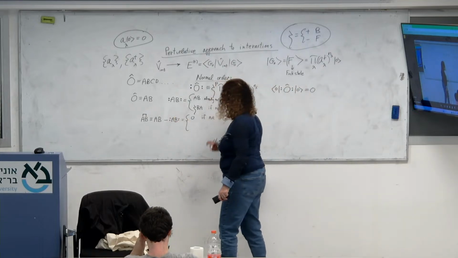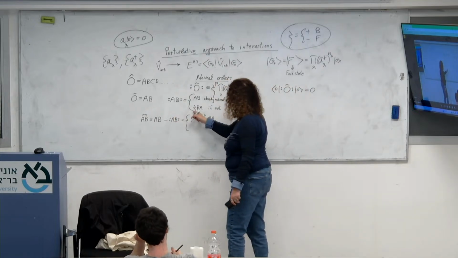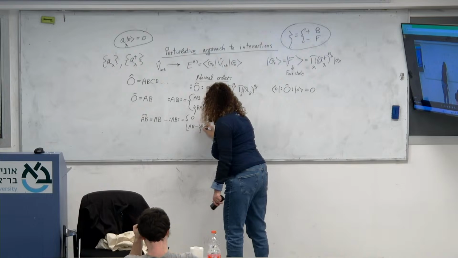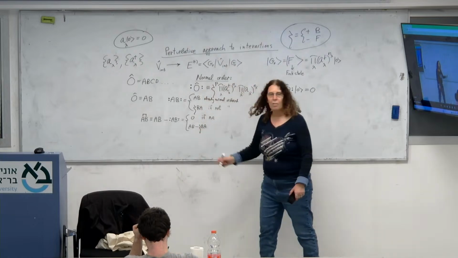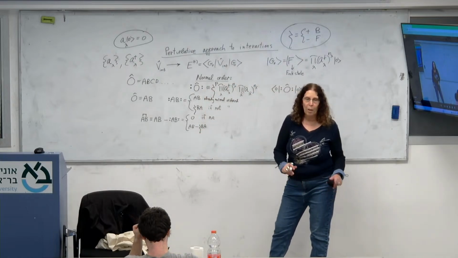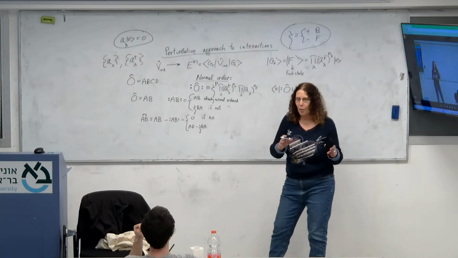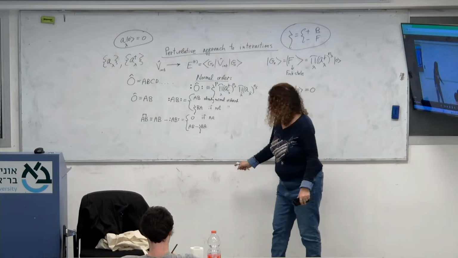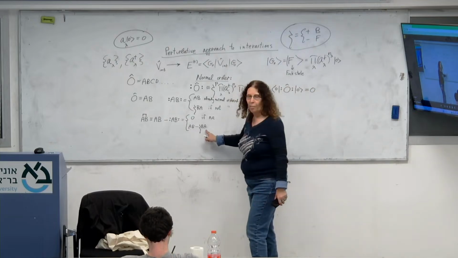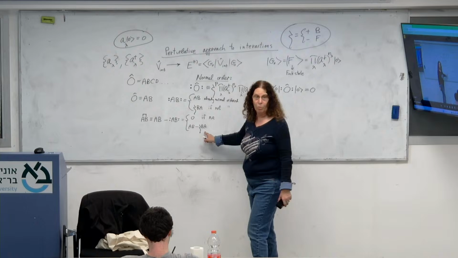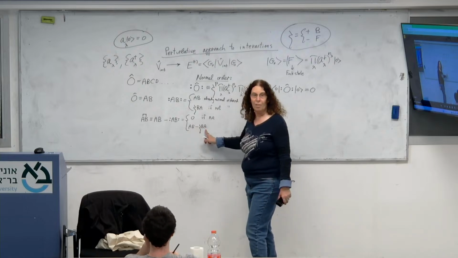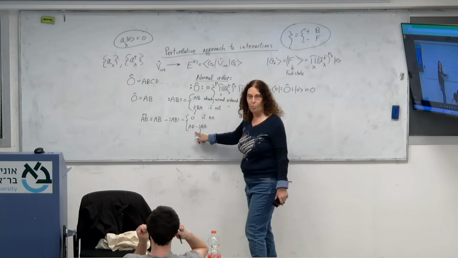If it's not a normal order, then it's the other option. Then it's AB minus zeta BA. But what is this? And remember, A and B are each of them either A dagger or A.